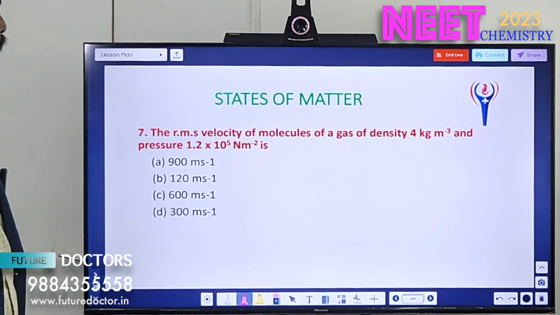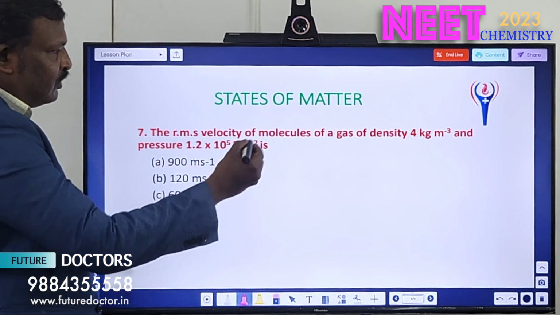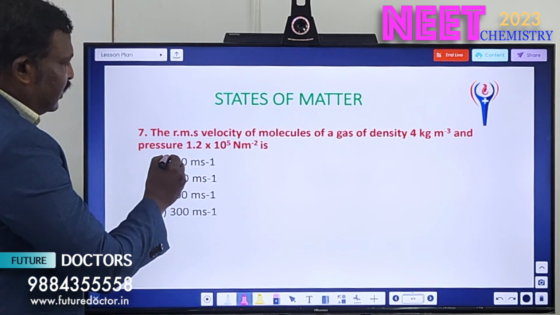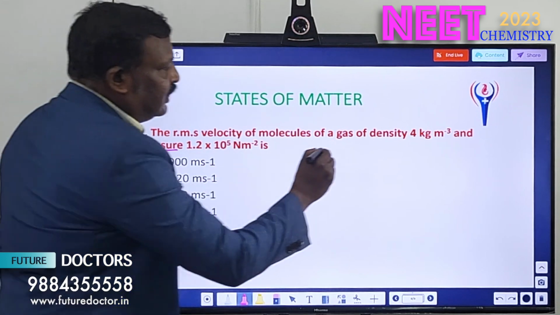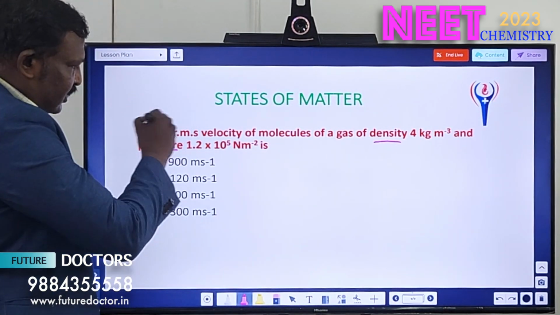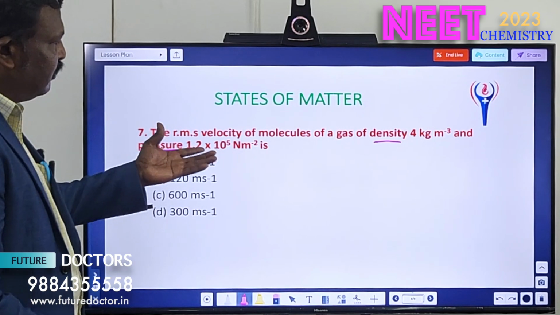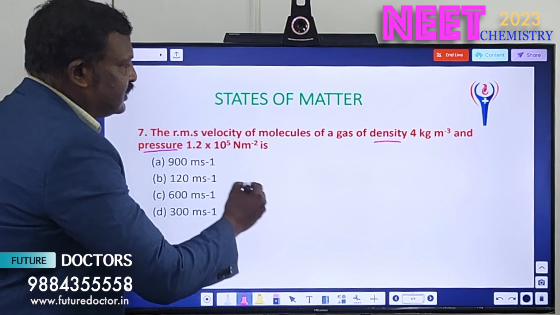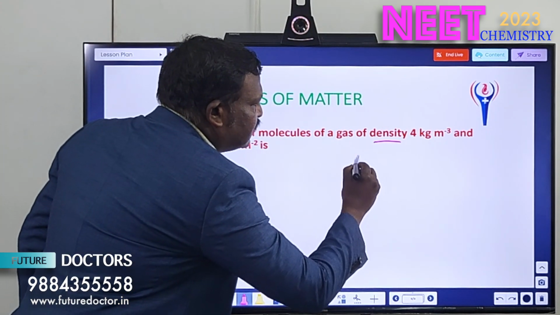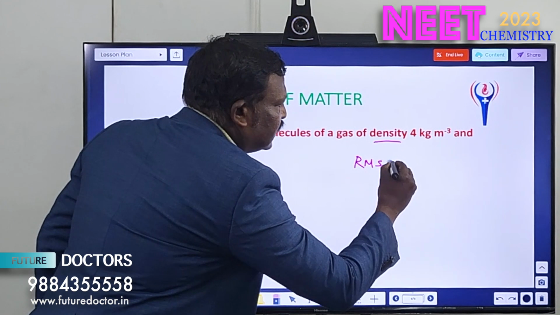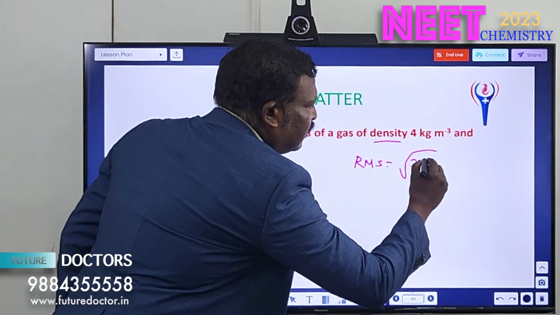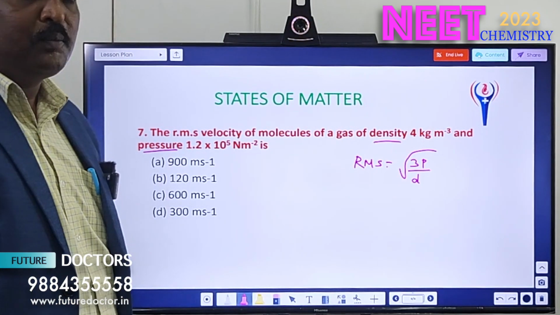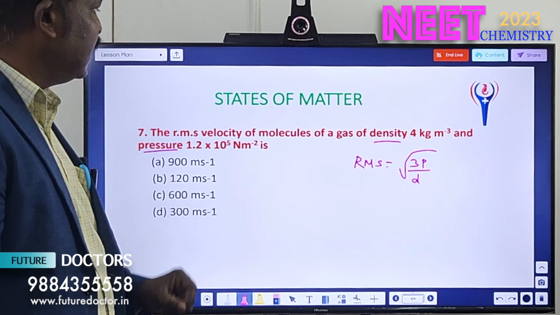Here, for root mean square we have the formula root of 3RT by M, but since pressure and density are given, we have another formula: RMS is equal to root of 3P by D. Just remember, this is a formula: 3 into pressure by density. Understood?